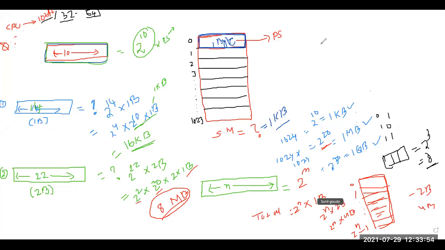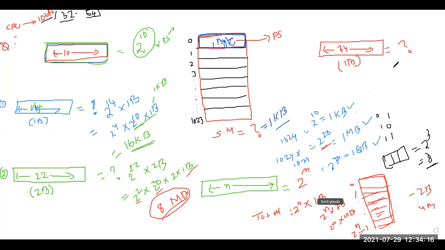Now if I say my system supports 34 bits, and it is byte addressable, then what is the size of the memory that can be supported here? 2 to the power 34.